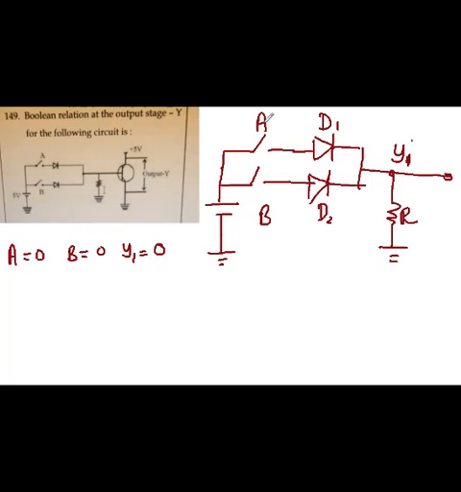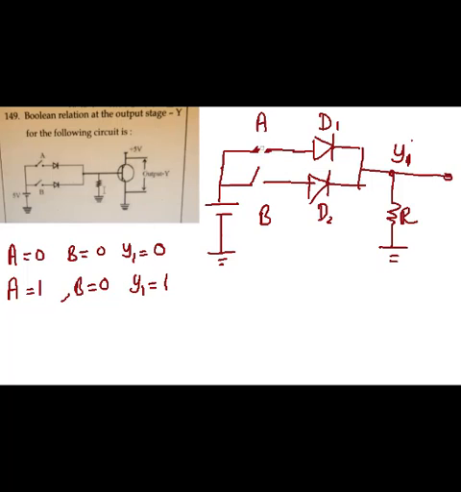But what will happen if we close A? If we close A, then diode D1 is forward biased, and that will produce a current from the battery. A current will flow through switch A, through diode D1, and then through this resistor R and back to the supply. This will produce a voltage across R, and Y1 will be a high voltage. So we can say A is 1, B is still open, 0, but you will get an output Y1.